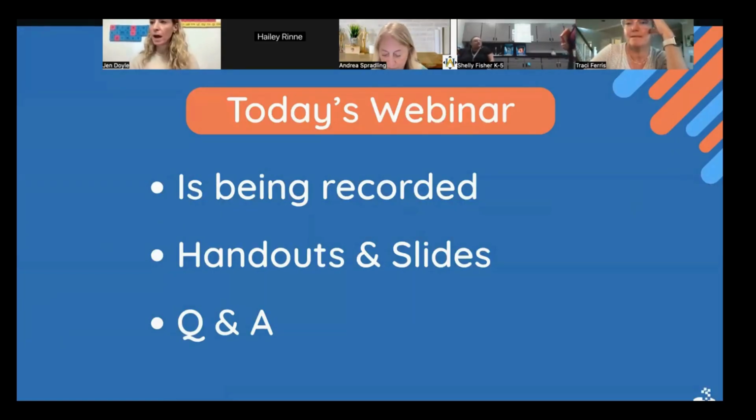So one of the questions I had was, do teachers use this in whole group instruction or mostly in small groups? So it can be done in both, and I've seen both, and it really just depends on the setup of your classroom. So whether or not you have the ability to do a whole class, and if you have all the materials to be able to do that and the resources.